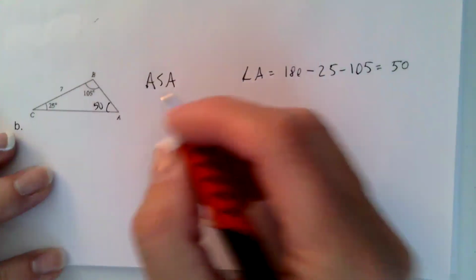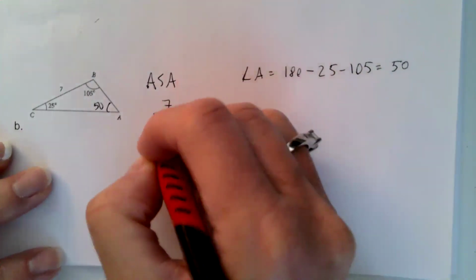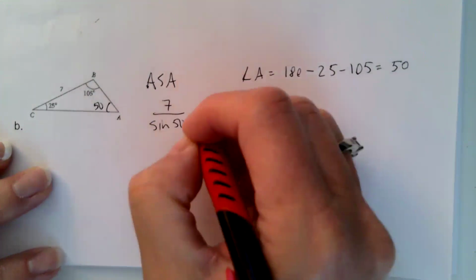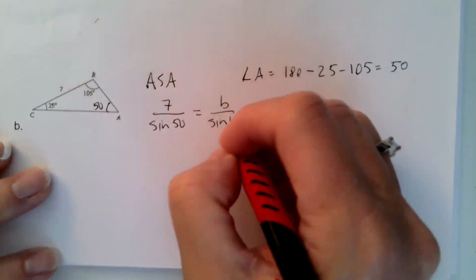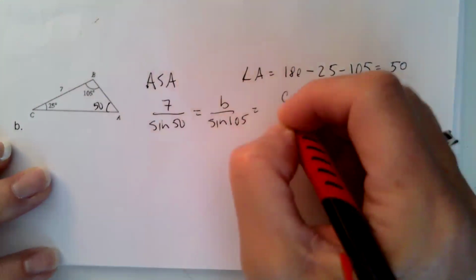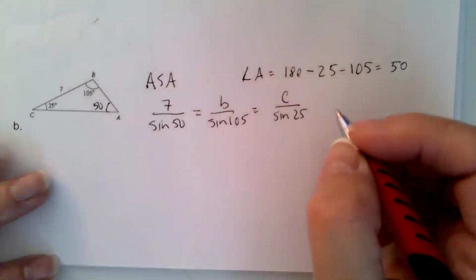So we know that. So our ratio should be 7 over the sine of 50 equals B over the sine of 105 equals C over the sine of 25.